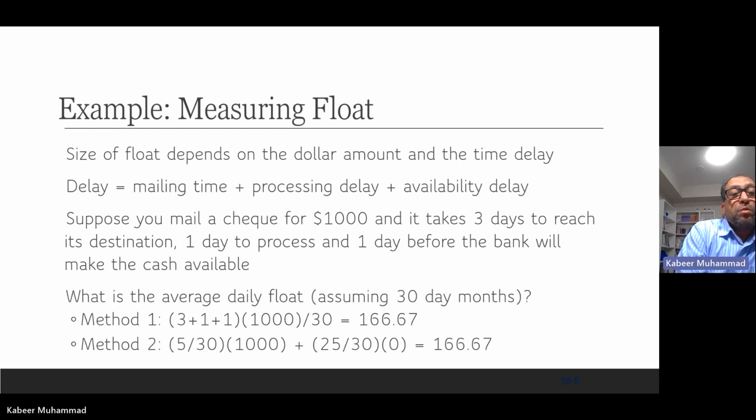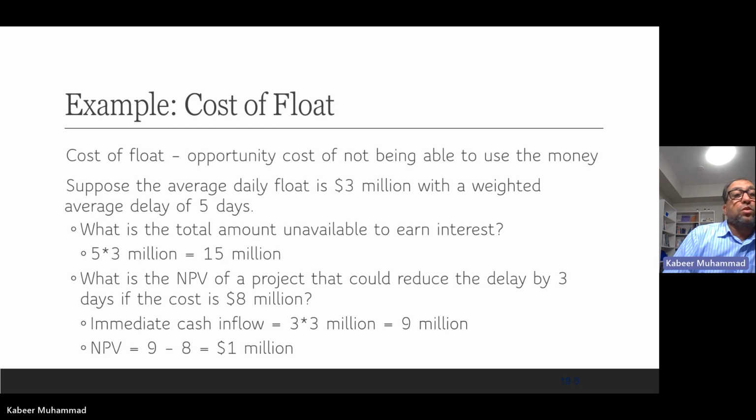So we can say it's 166.67. There is another method in which we can also apply this: 5 over 30 times 1,000, plus 25 over 30 times 0, that's going to be 166.67.